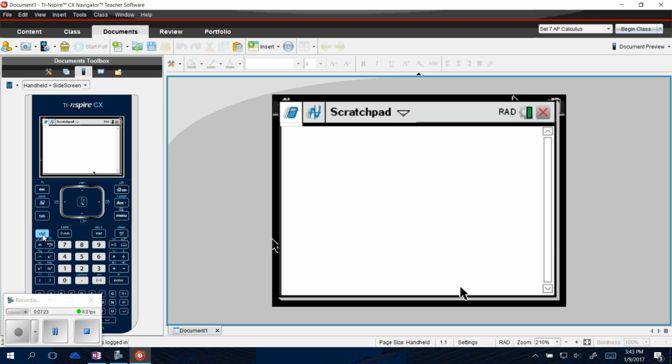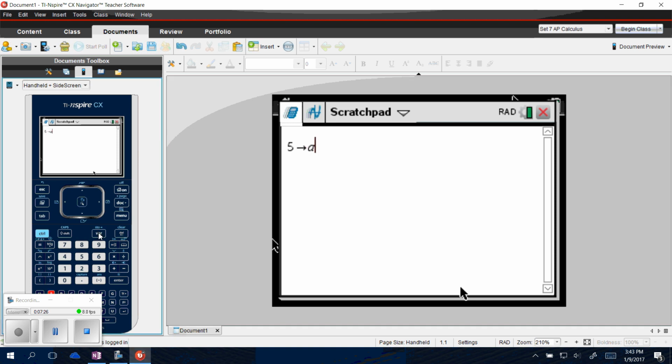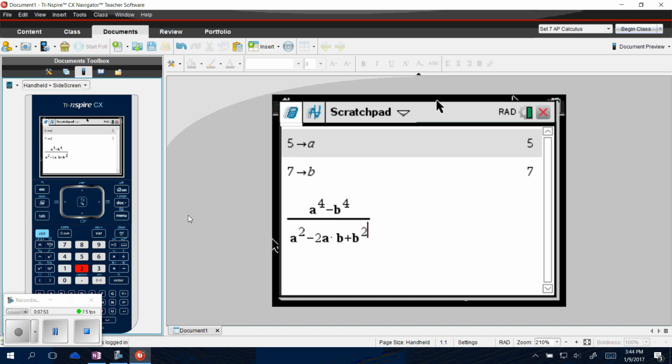I'm going to store 5 for A. And I'm going to store 7 for B. And if I type in the original, which was control divide A to the 4th minus b to the 4th over a squared minus 2ab, a times b in the middle, plus b squared times, control divide, a minus b over a squared plus a times b.